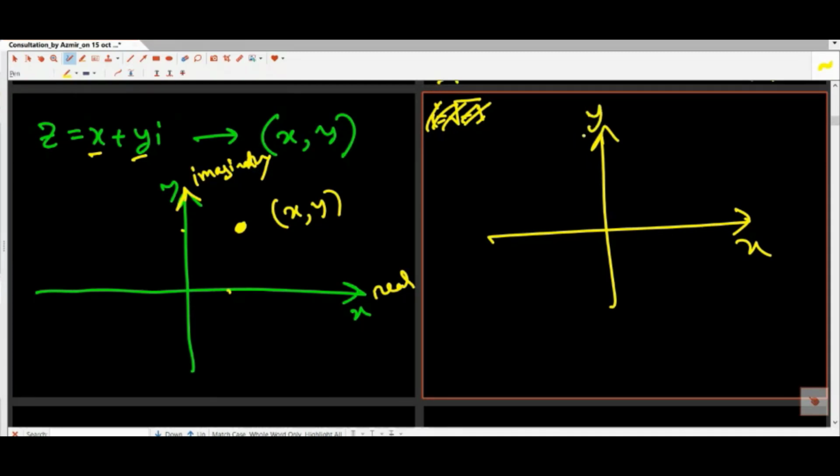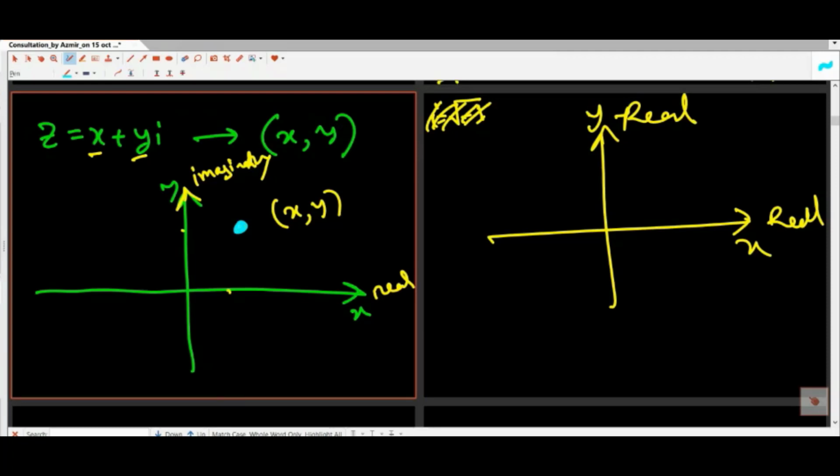You are familiar with xy plane where x is real axis, y is also the real axis, but here y axis is imaginary axis. So we have located the point. Let's say this is x comma y. x comma y can be in first quadrant, second quadrant, third quadrant, fourth quadrant, depending on the point that we are choosing.